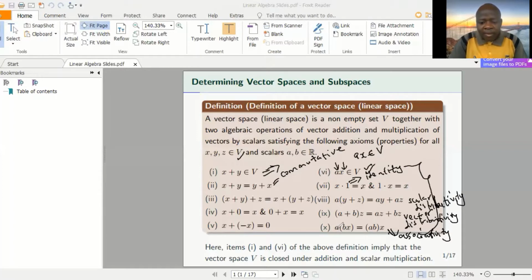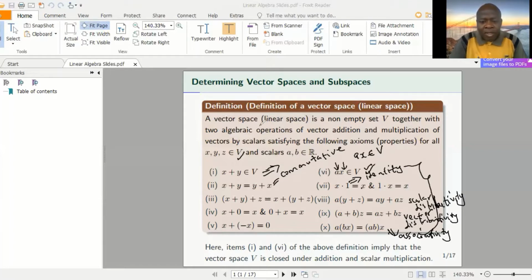Now I have this scalar a, and there's this bracket bx, where b is another scalar and x is a vector. So this one gives you, just changing the position of the bracket, ab, then x. Now these are the properties of a vector space, that a vector space must satisfy.